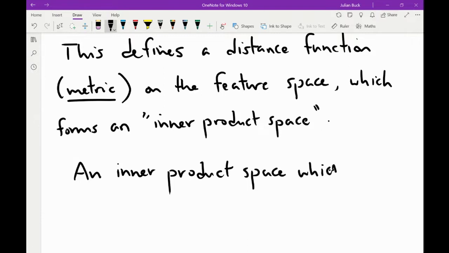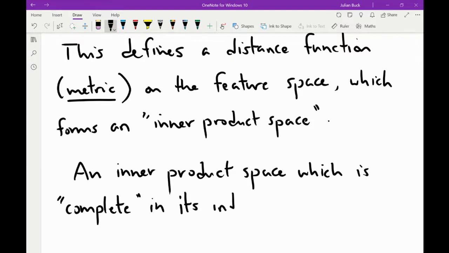We call it complete. I'm not going to define what complete means, but basically, when you have sequences that you expect to converge, they actually do. And when you have an inner product space which is complete in its induced metric, this metric coming from the inner product, this is called a Hilbert space.